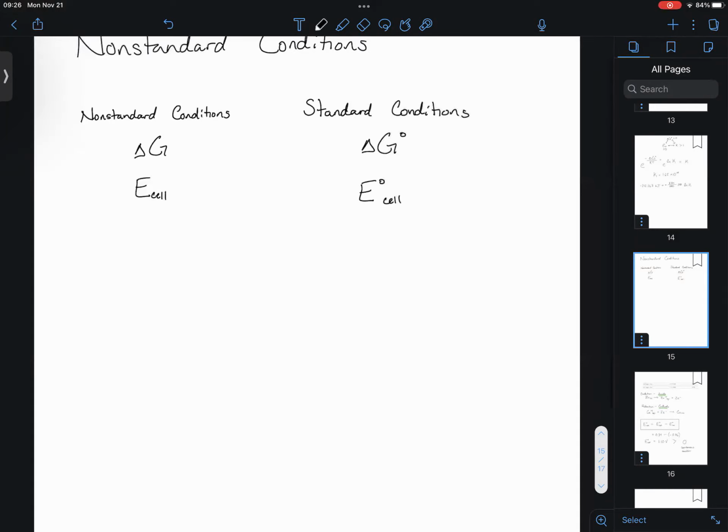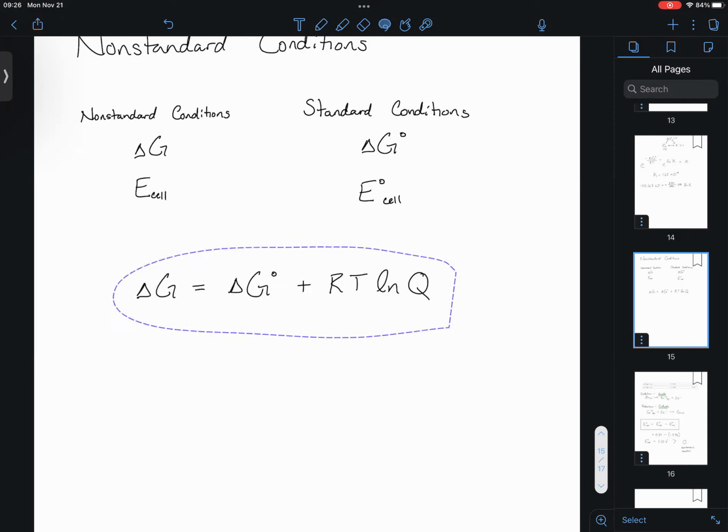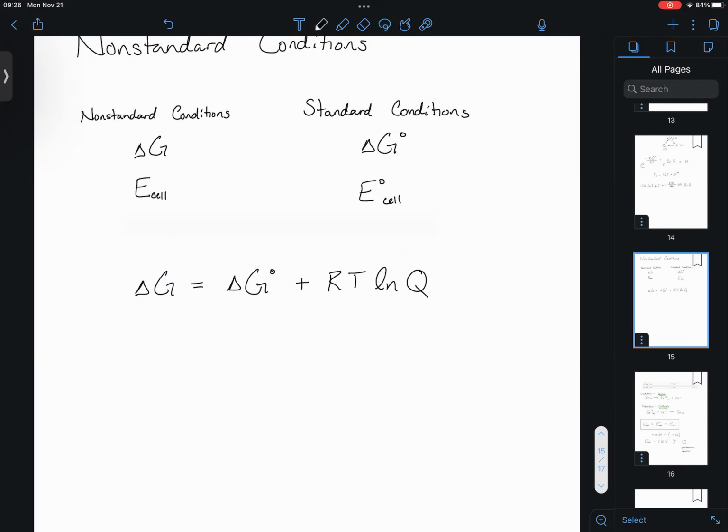All right, so if we remember, we said that delta G was equal to delta G naught plus RT natural log of Q. And then what we just learned was that delta G naught is equivalent to negative NF E naught cell.